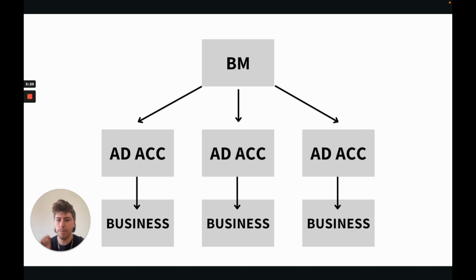So you have one business manager, and underneath that business manager you have multiple ad accounts. Each of these ad accounts only works with one business. Another way to look at this is that you could split these ad accounts up into different verticals of one business. So if you've got a brewery, let's say, and they've got a retail side, you could have one ad account just running your retail side of the ads.